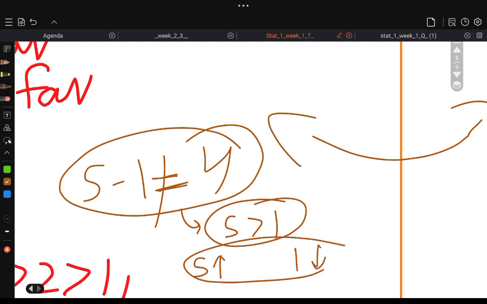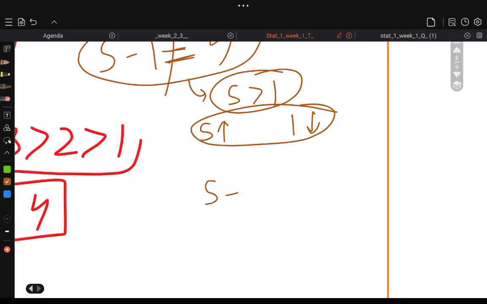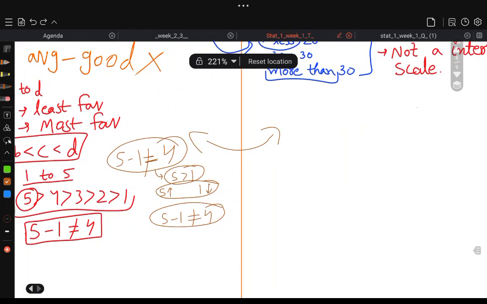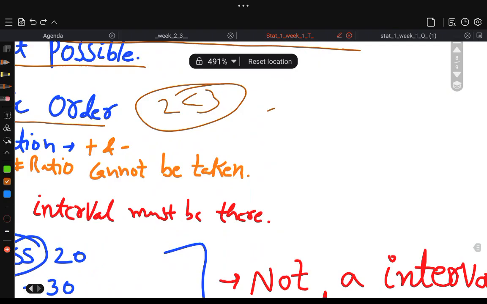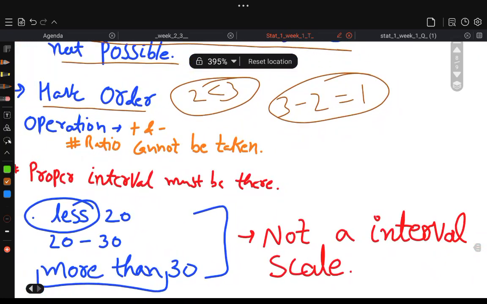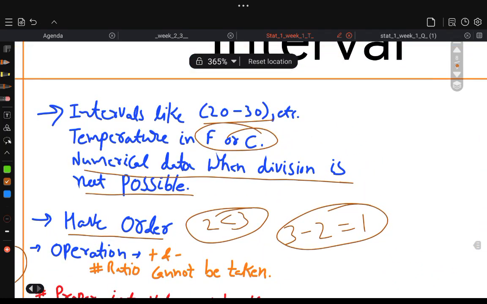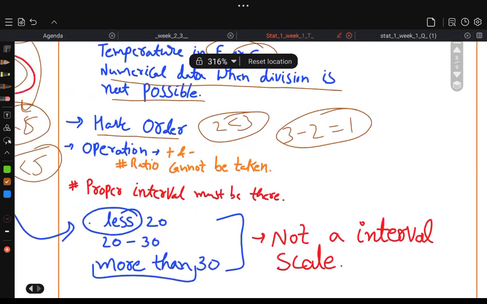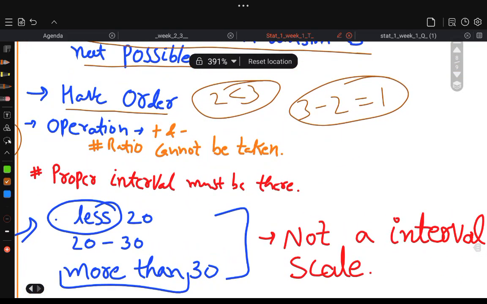We know this fact, but we cannot say 5 minus 1 will be 4, right? So this will come under the ordinal scale. But for the latter one, here we can say that 3 minus 2 is equal to 1, right? So it will come under the interval scale. Basically, not an interval, like here there is an interval 20 to 30, but 3 minus 2 is not an interval.